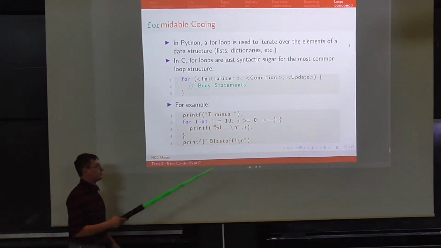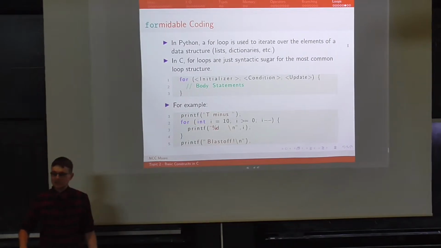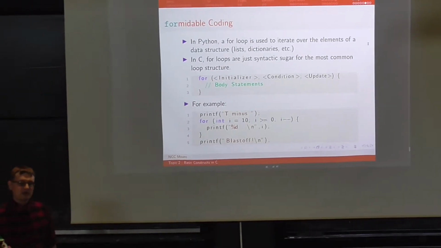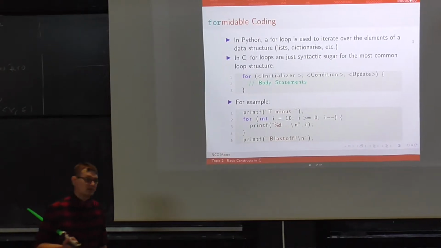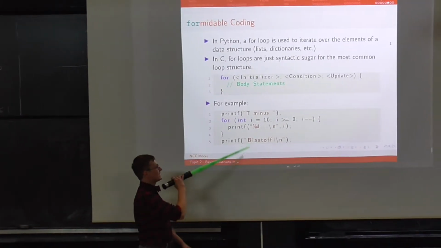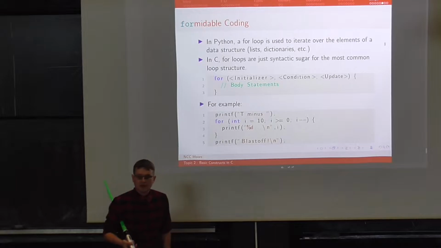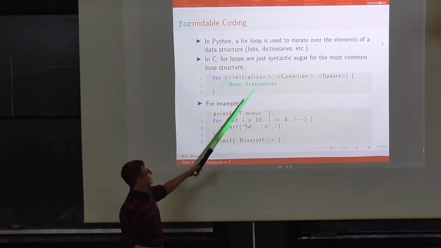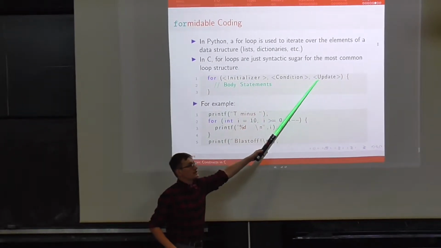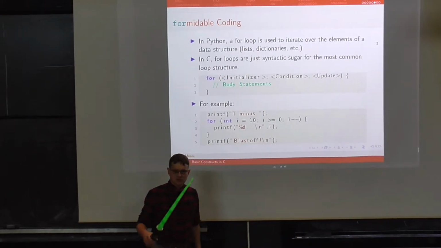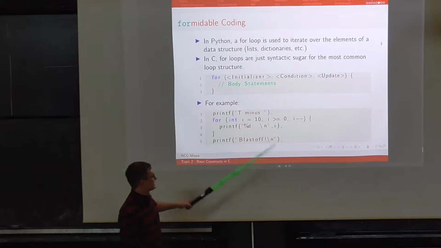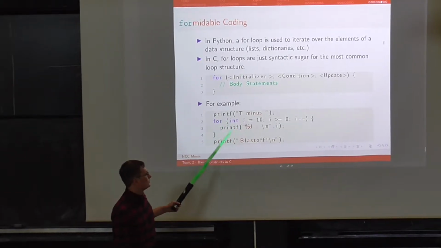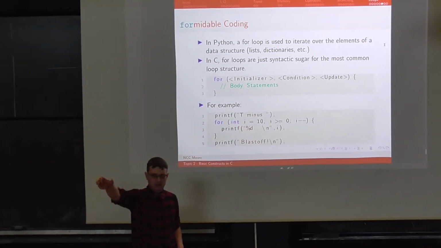Even a for loop in C does not iterate over the contents of a data structure unless explicitly told to do so inside the body of the loop itself. What you've got is an initializer, an update, and a condition, which is your traditional loop structure, collected up into one thing.